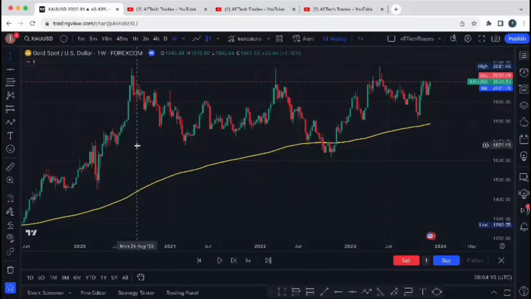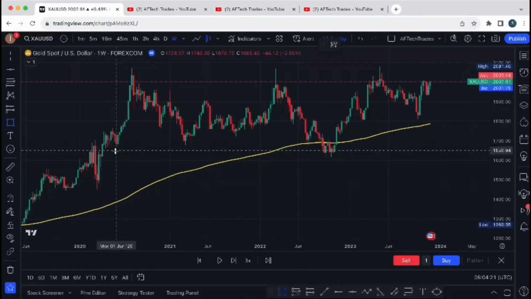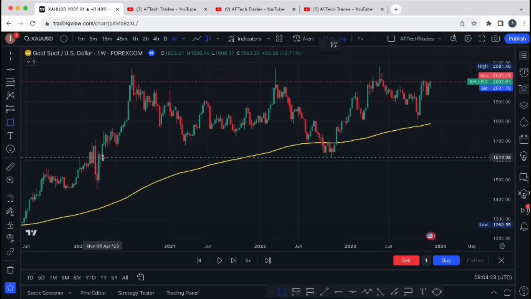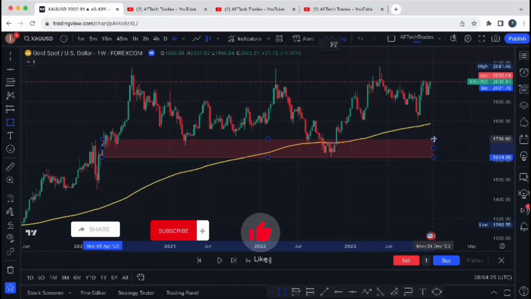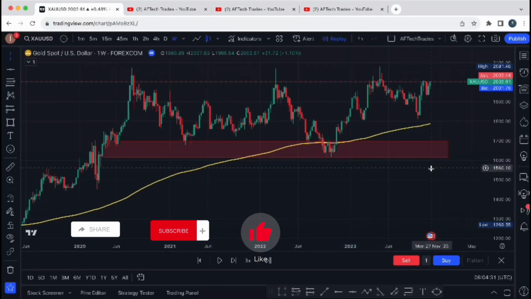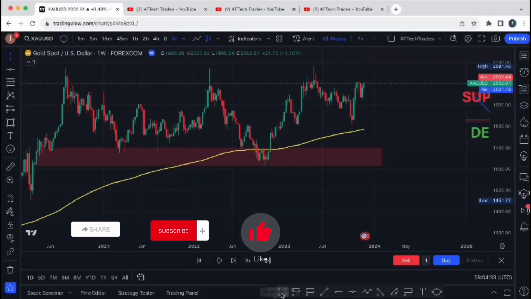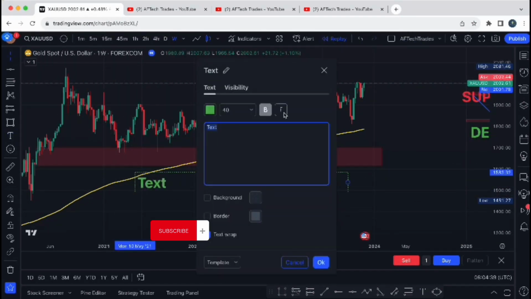So what you want to do is to draw your zone box. Let's say you draw your zone here. You see? So this downside will be your demand zone. We'll name it your demand zone.